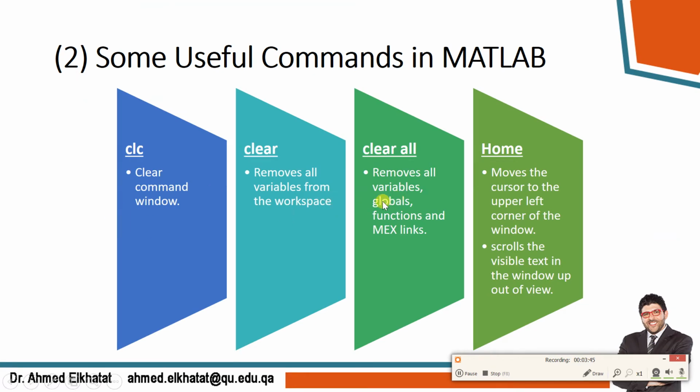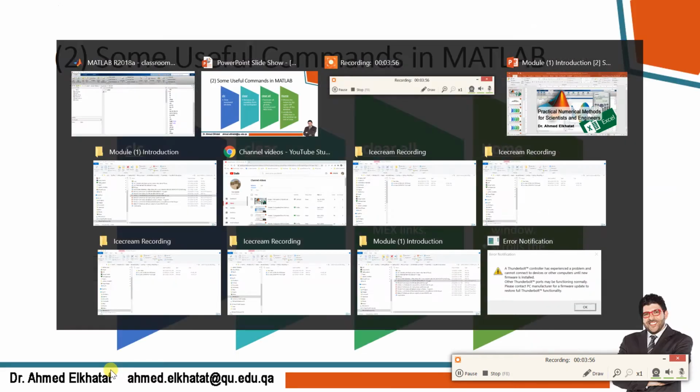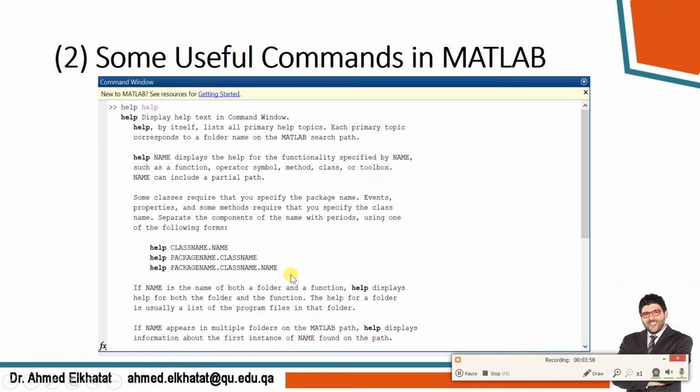Also clear and clear all: we have a, b, c here. If we type clear, now the workspace becomes clear, we don't have anything here. So that is how we used help.